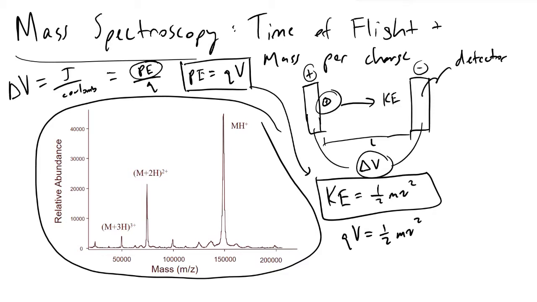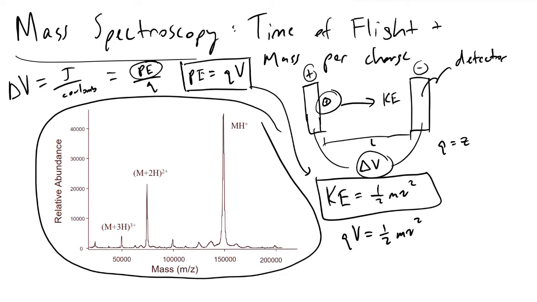In this case, because we're dealing in mass spectroscopy where multiple charges can exist on a molecule, depending on how many or how effective the laser was at any given instant in time, I'm going to let Q be equal to Z, which will represent the number of electrons or protons that are added or removed.